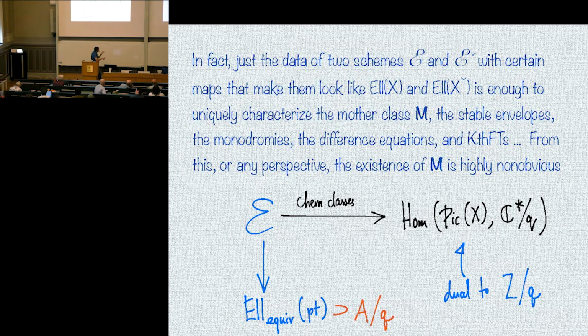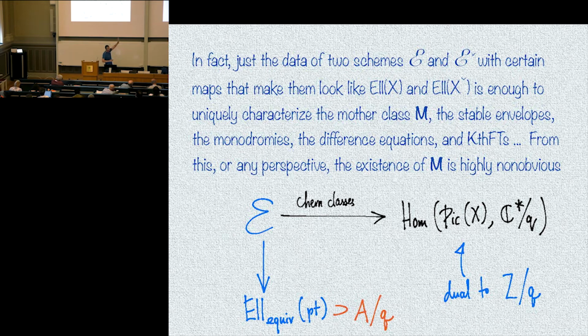But if I think about the Chern class of line bundles, they will give me a map to a variety which is dual to Z mod Q. Because for every line bundle, I get an elliptic Chern class, which is a homomorphism from my guy to C star mod Q. And so if I just have this data, then I can say what this mother class is, and what this mother class should be, and if it exists, that this pair of dual things, somehow I can reconstruct the monodromies, the commuting difference equation, and from them, given the tau function, I can actually reconstruct the whole K-theoretic field theory.